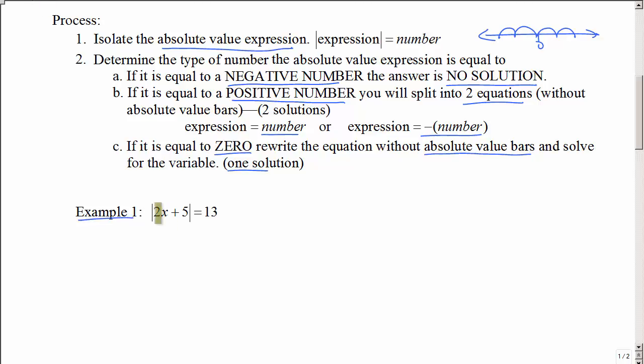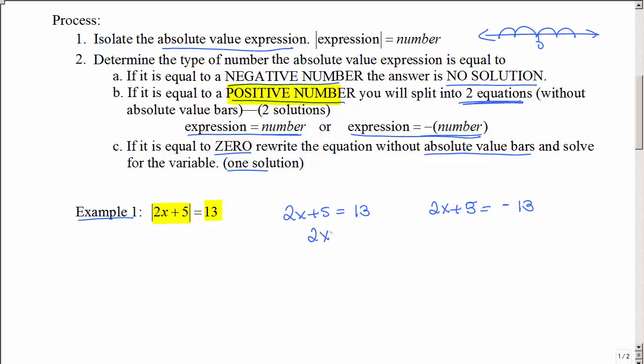Let's look at this first example. Is our absolute value all by itself on the equal sign? Yes, it is. And it's equal to a positive number. So what do we want to do? We want to split it into 2 equations. We're going to write it as is, expression equals the number, and then we're also going to write it equal to the negative number, and then solve those separately.